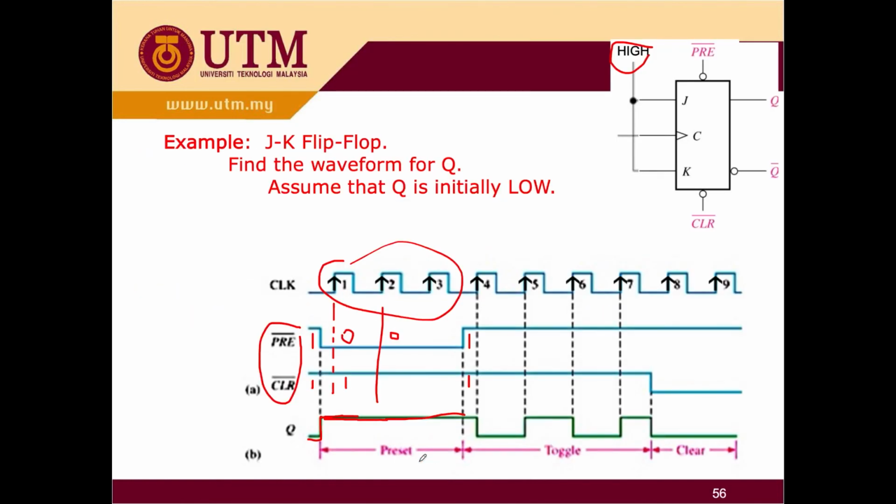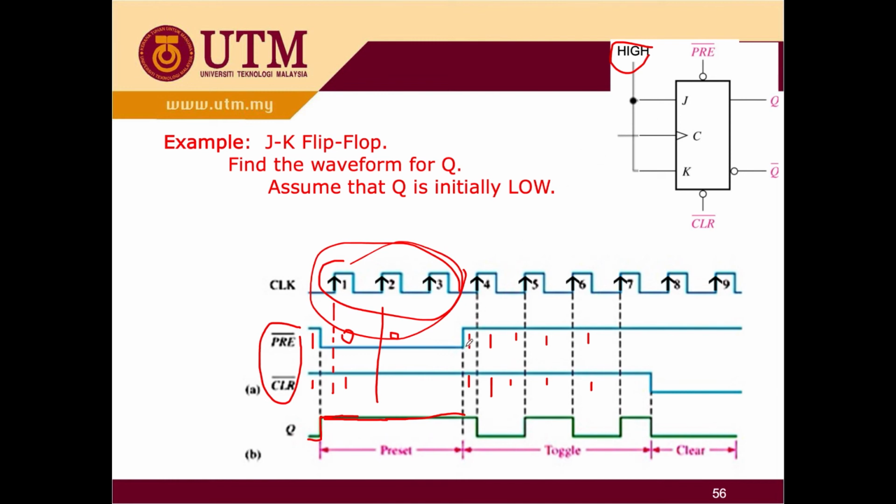Later on, if you do not understand, please make sure you ask me in the class. So that's why over here you're not going to consider your clock, and because over here your preset and clear is 1, so you need to consider your clock, because you need to refer to your JK flip-flop.